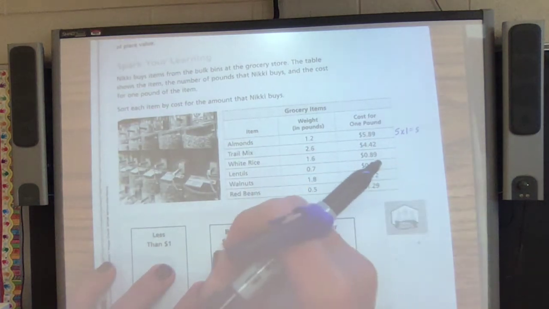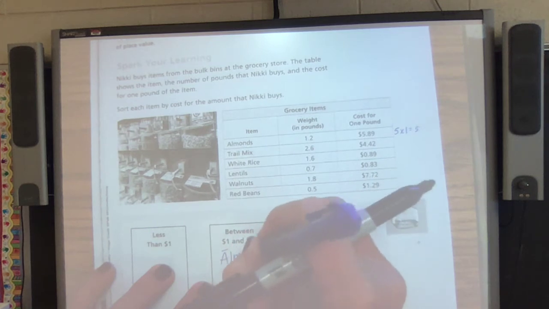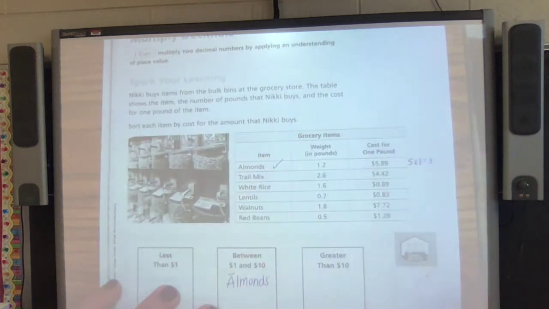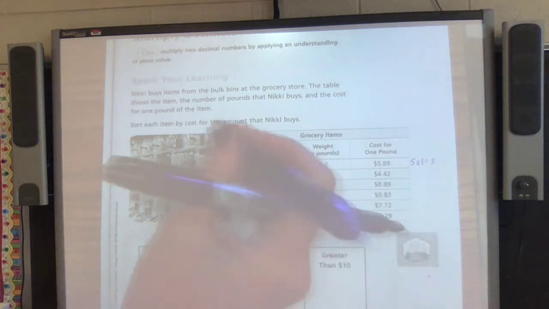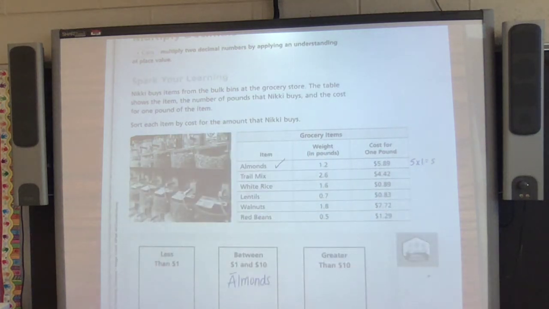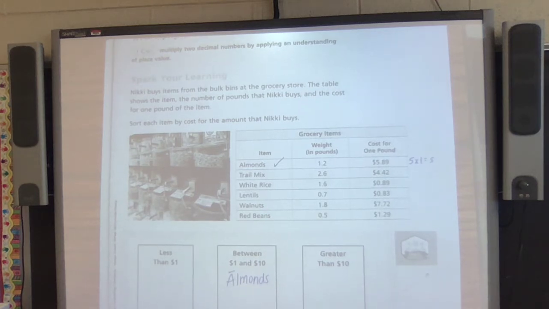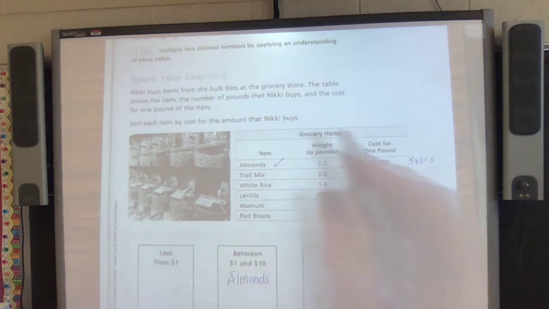We'll just put almonds right here, because almonds, this first one, were between $1 and $10. Okay? And let's keep on doing some more. Probably we'll just answer this one question because this is a lot of multiplying here, and that's okay. That's good. All right. Next we have trail mix.